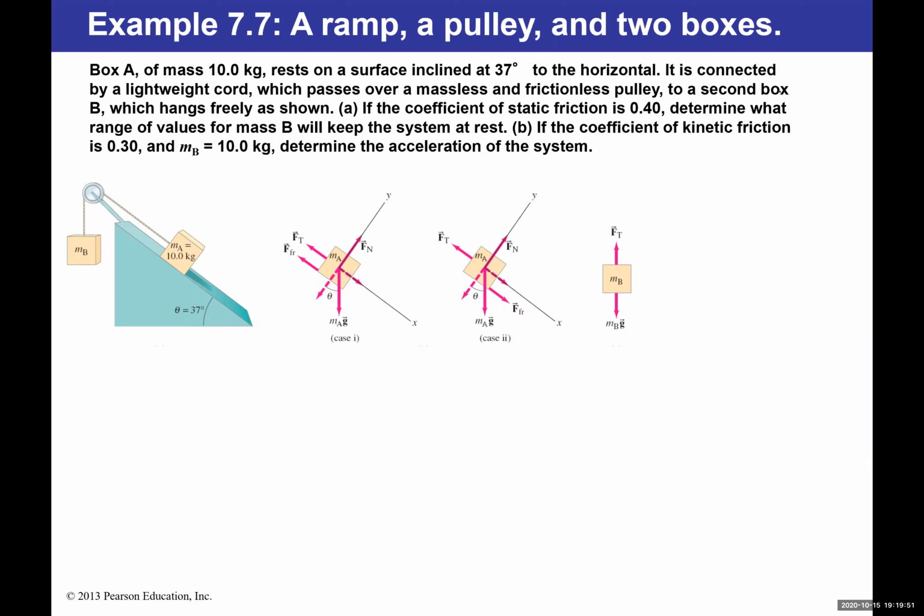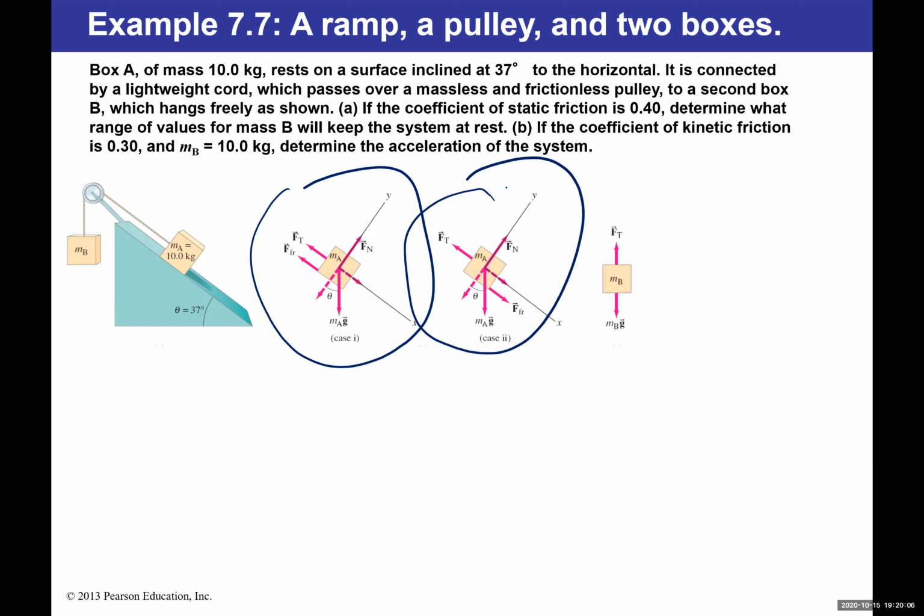That means basically you have 2 cases. Case 1, where the mass of B is such that it prevents mass A from sliding down. Or case 2, where the mass of B is heavy enough, but not too heavy, and the friction prevents mass A from sliding up rather than sliding down.